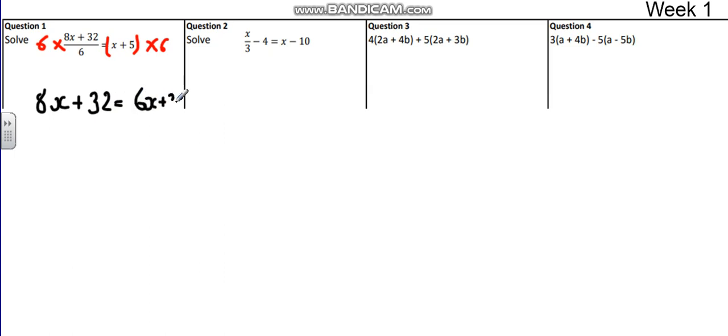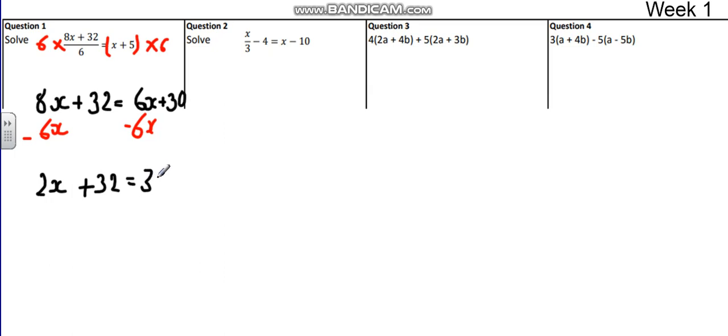Okay, then we just go through solving an equation where I've got x on both sides. So I look for the smallest number of x's, which is 6x, and I subtract those, but I subtract it from both sides. Okay, so that leaves me with 2x here plus 32, and on the other side I've just got 30.